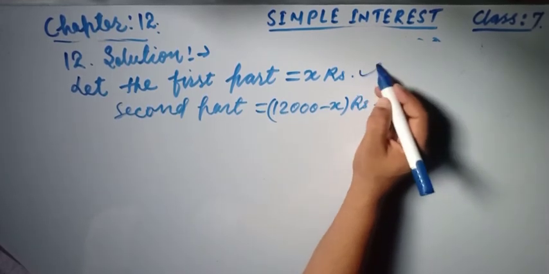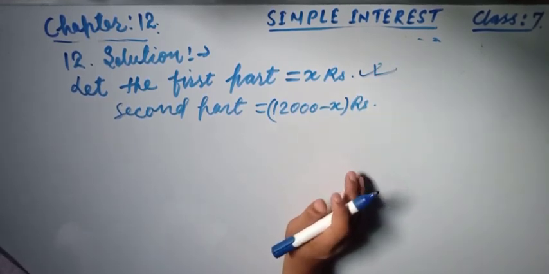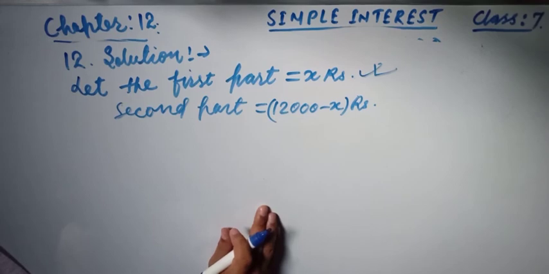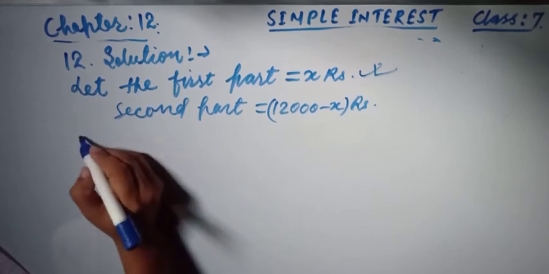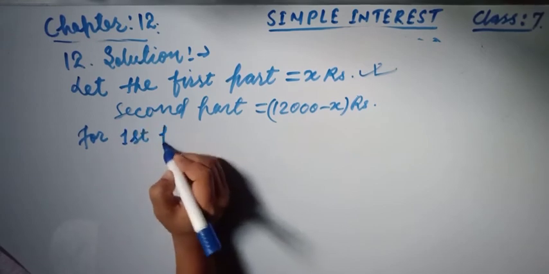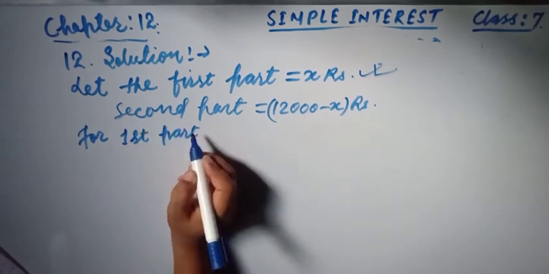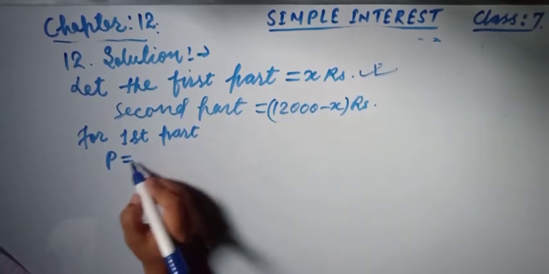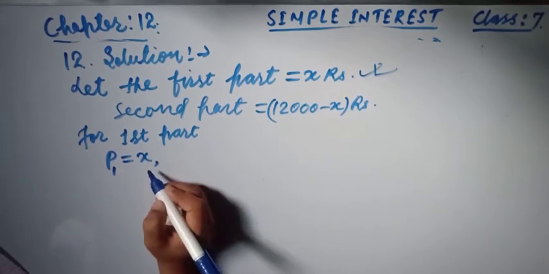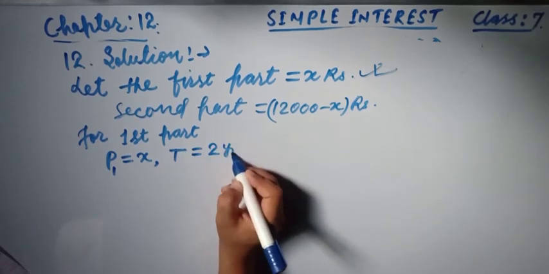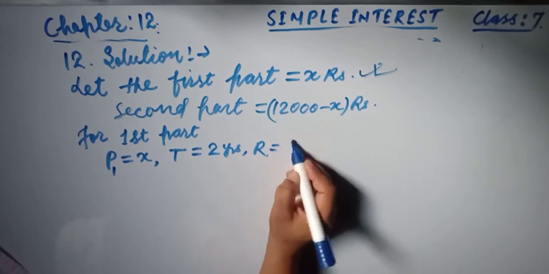Suppose X is the principal, and the time given in the first part is 2 years, and R is 6%. For the first part, P1 is X, T is equal to 2 years, and R is equal to 6%.